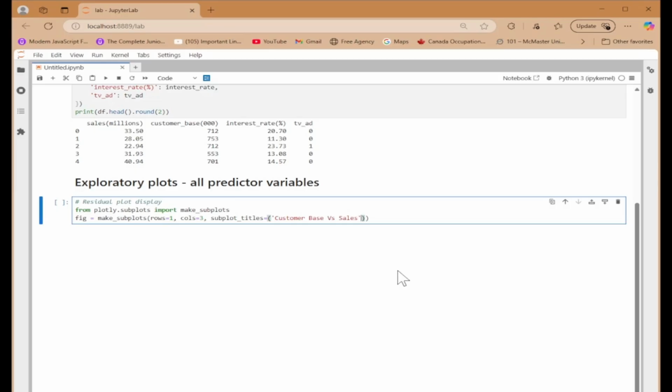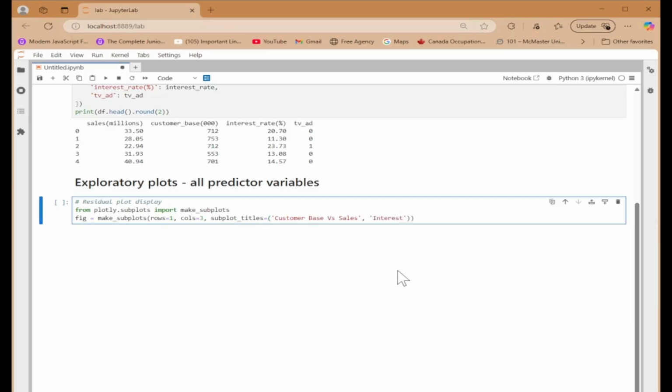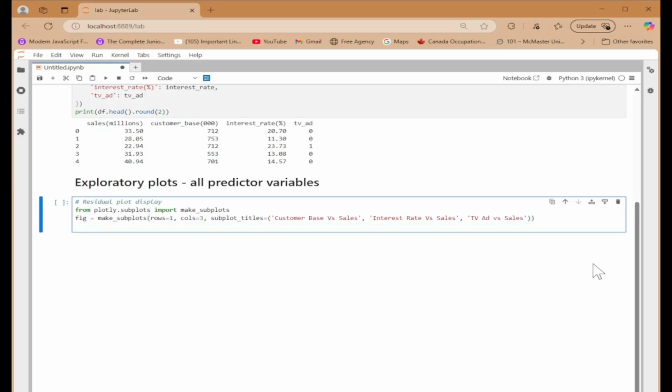Second is going to be interest rate versus sales, and after the quote, comma, TV ad versus sales. Okay, those will be the titles of those 3 plots. Now let's go ahead and start with the plots.